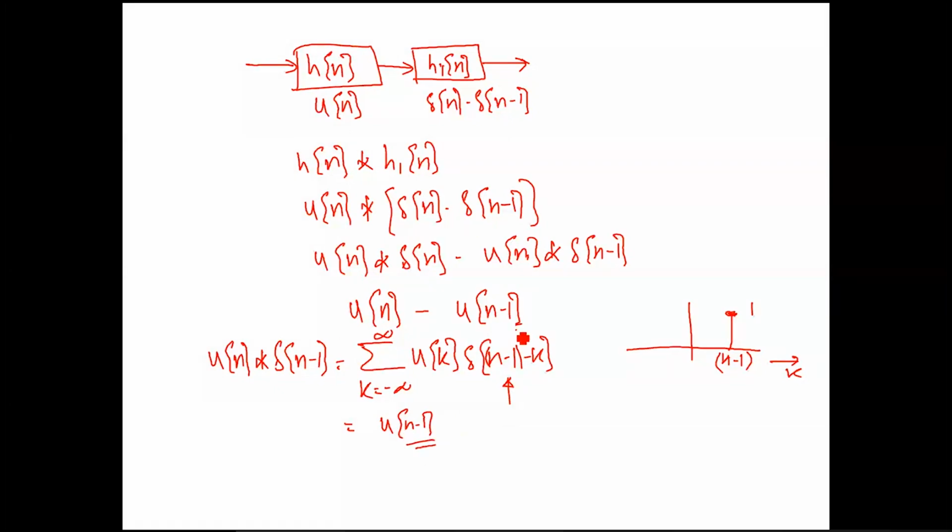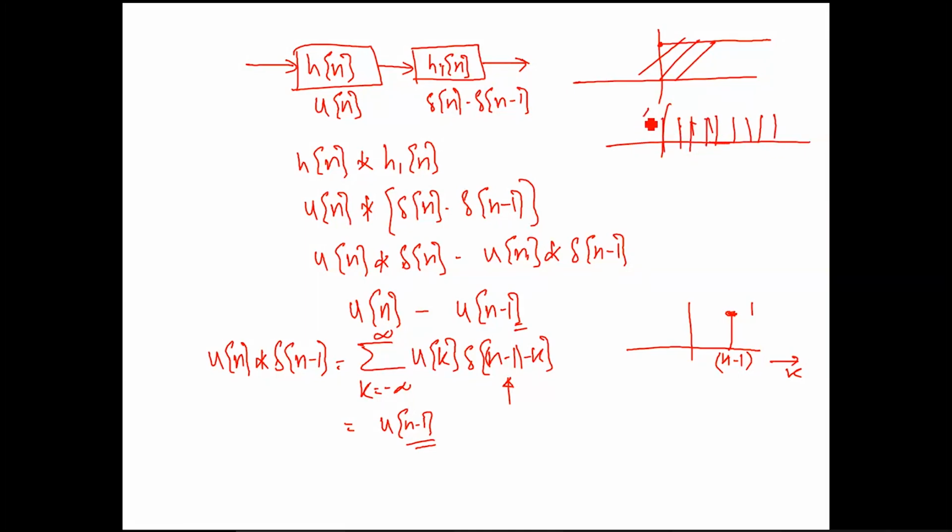That's what I wrote right here. So u of n minus u of n minus 1, we know what is u of n. Sorry, this is wrong. u of n is basically this: all ones starting from 0 and going all the way to infinity. This is your u of n on n axis. And what is your u of n minus 1?